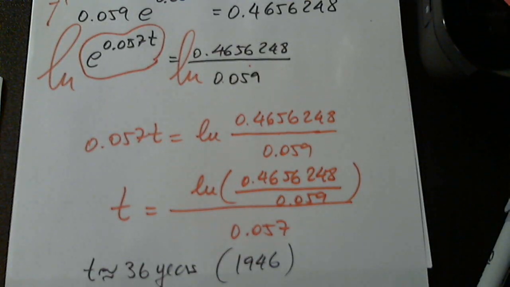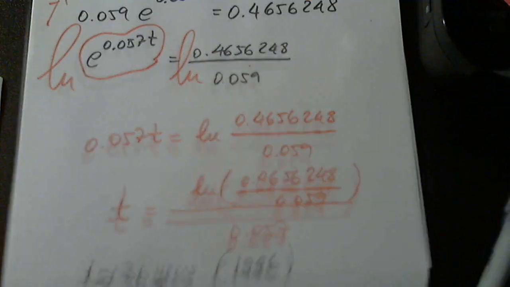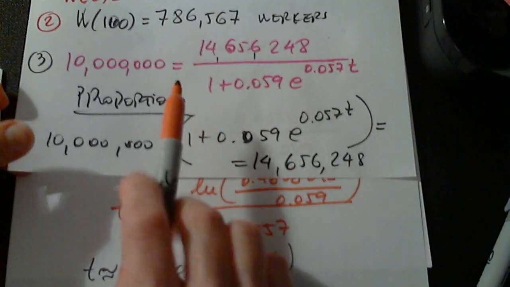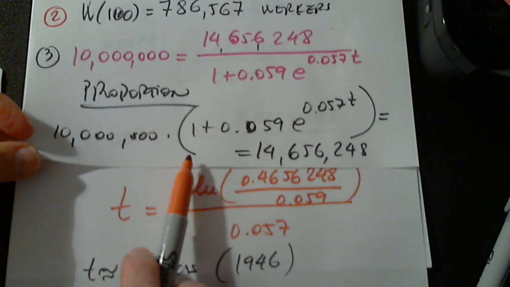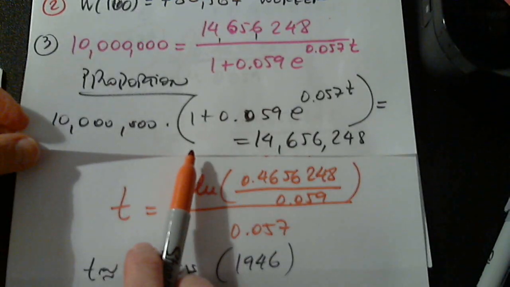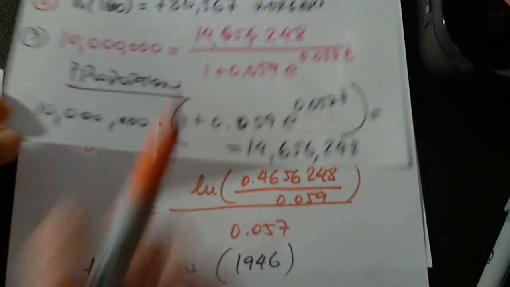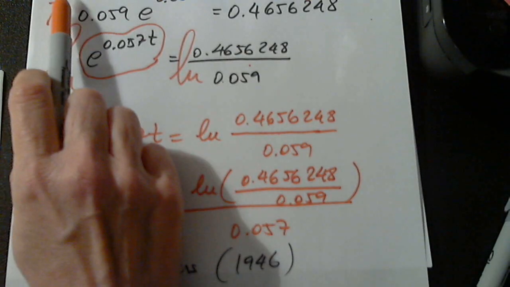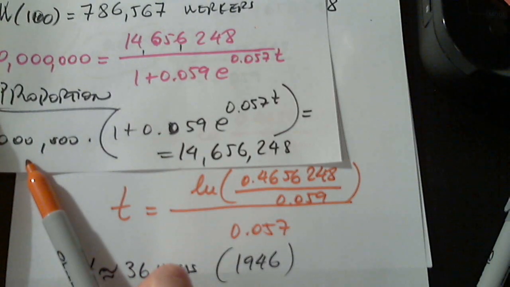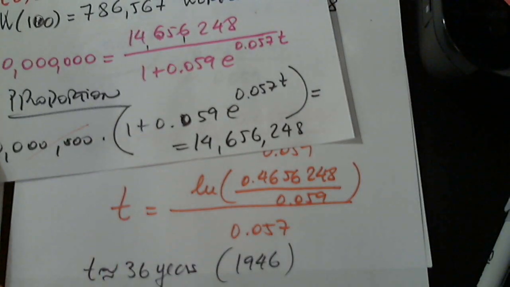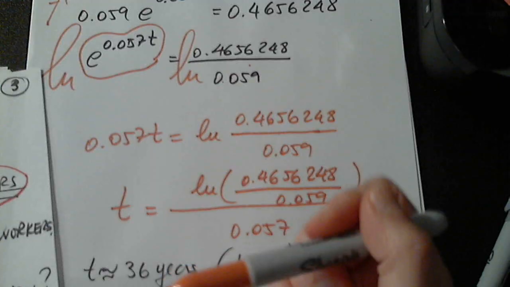So where's my previous page? First I change this into a somewhat linear equation by cross multiplying. Then I needed to divide, right? So we divided both sides by 10 million. So we peeled the 10 million. Then we peeled the 1.